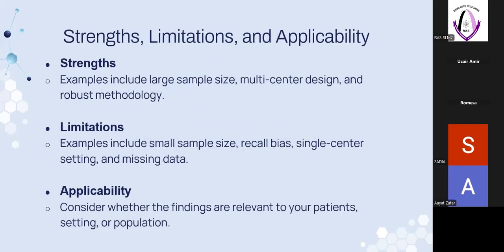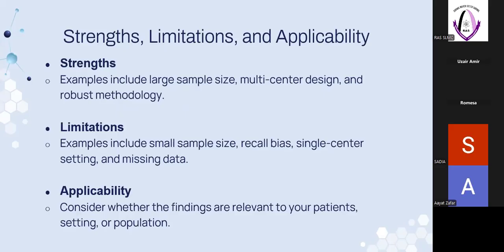Next, we have strengths, limitations, and applicability. While critically analyzing, we must understand each and every article's strengths. What are the strengths of the specific article we are studying? Why is it important? I would always advise all new aspiring researchers, whenever you are critically analyzing different research articles to be used as references for your study, always make a table of all the studies.